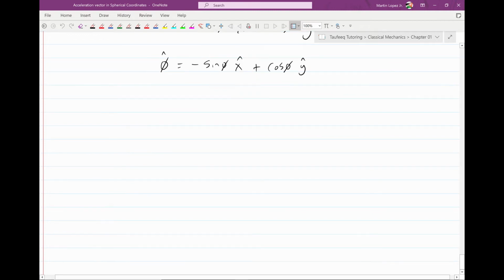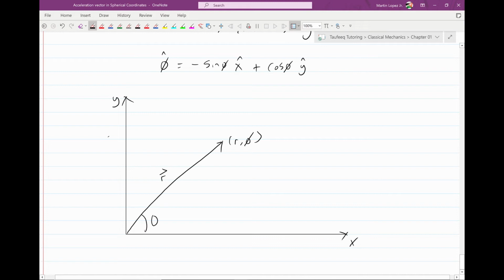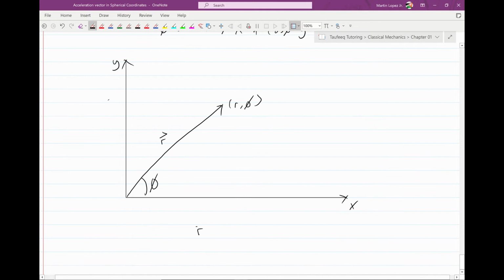So let's draw that again. In polar coordinates, to be clear. Okay. So we have r and phi. I actually don't need to draw it, but I'm already drawing. And this is phi. Okay. r is a function of what? What is the position vector a function of in polar coordinates?